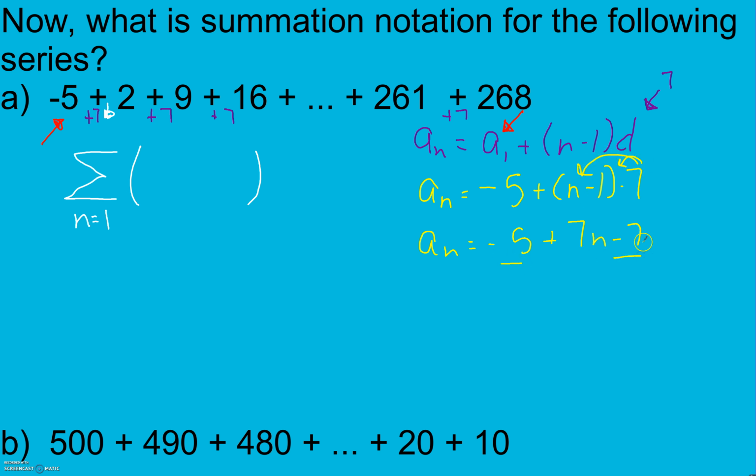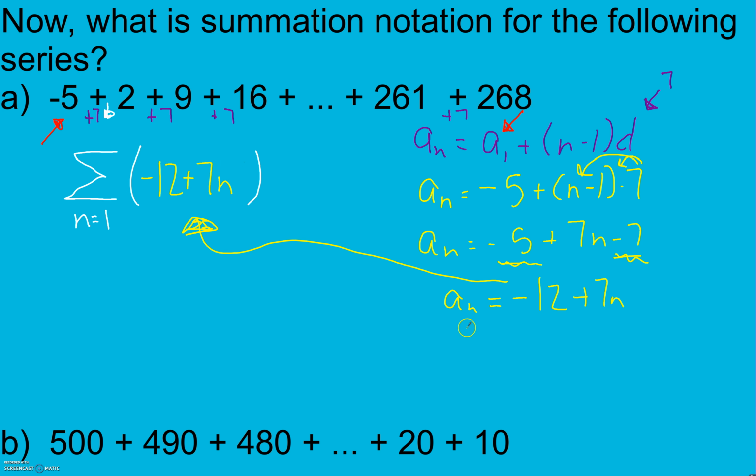Combine my like terms, and I get a of n equals negative 12 plus 7n. And again, that's because I combined these like terms. So this is the value of my function I'm going to use in my summation. Negative 12 plus 7n. You also could have done 7n minus 12. Either way, they mean the exact same thing.